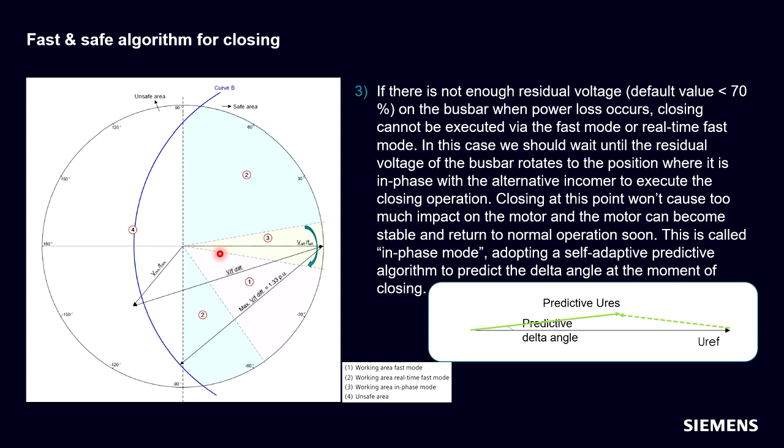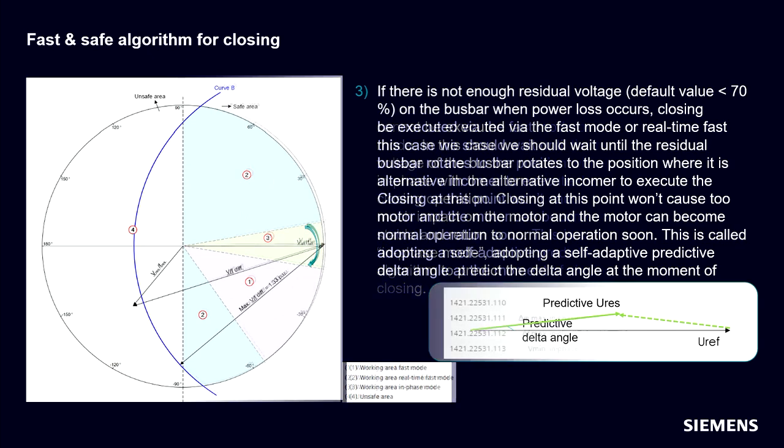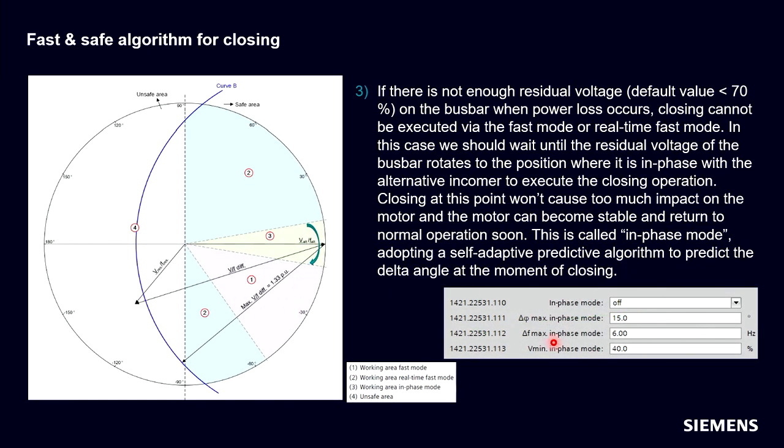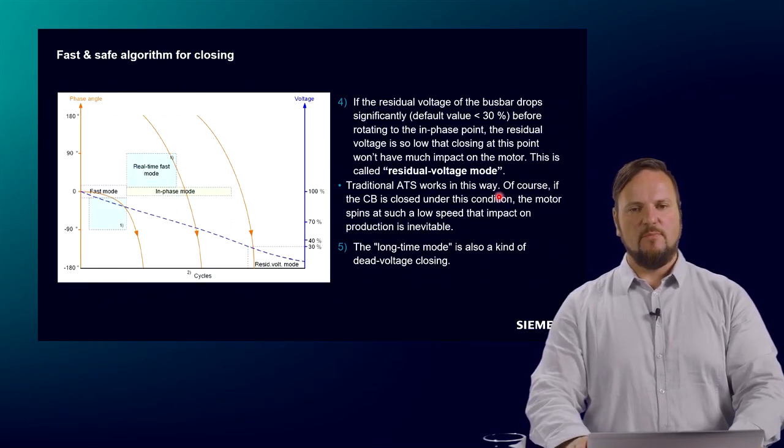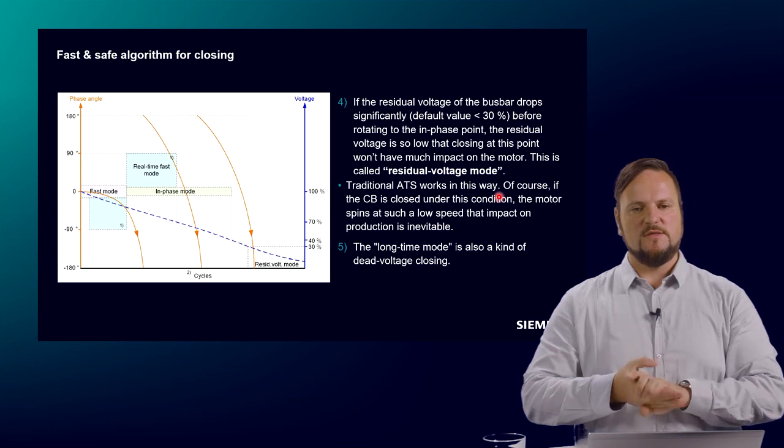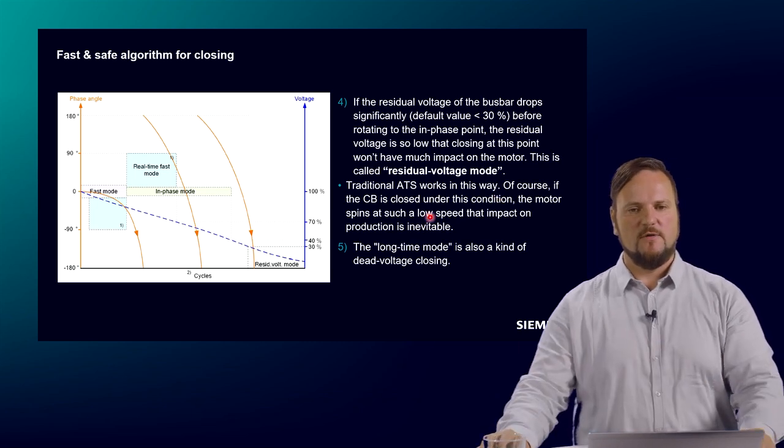That means the phase angle is quite small, and then we have the next time to give the close command. Therefore, we have a stage here as well, and you can enable this stage and make the settings here. And then, of course, we have the possibility to do that as a synchronous switching.